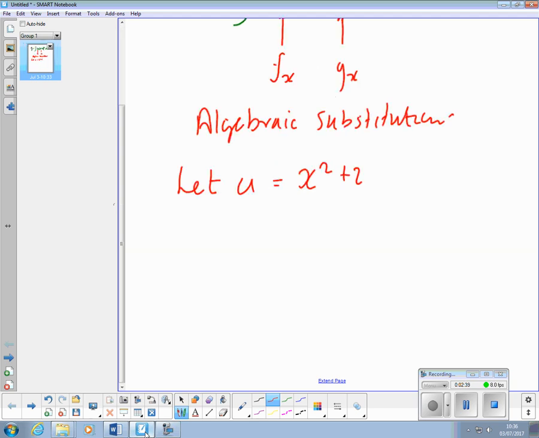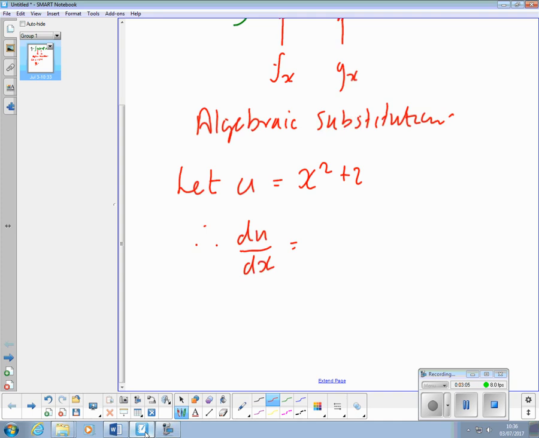Then we need to differentiate that. Remember differentiation? So what's the differential of x squared? What do we do?